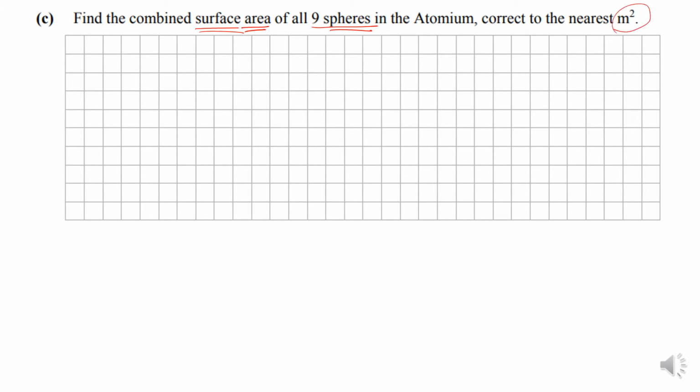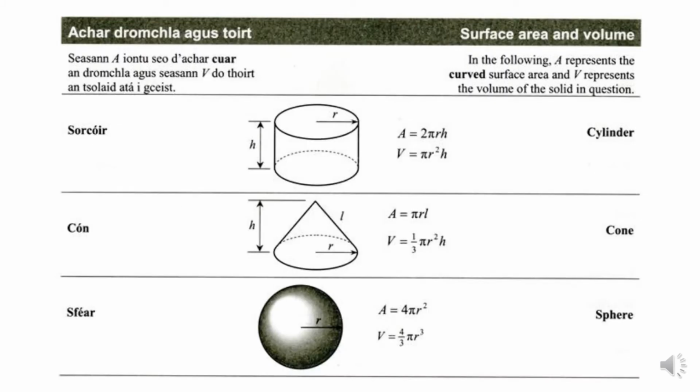Again, for the area of a sphere, we have to refer to our formula book. On these pages, look here, in the following, A represents the curved surface area. So we're looking for A and we're looking for it for a sphere, so this is the formula we should select.